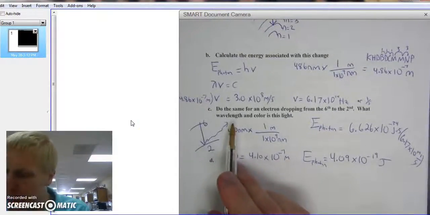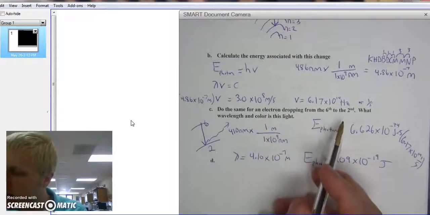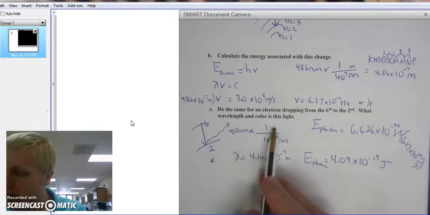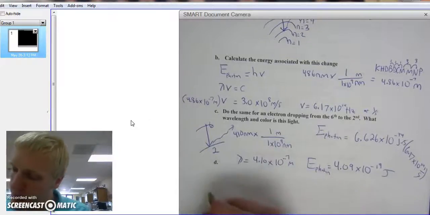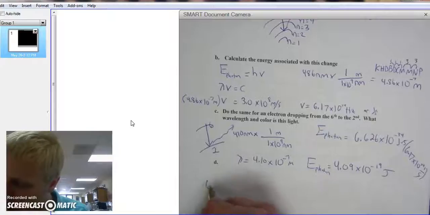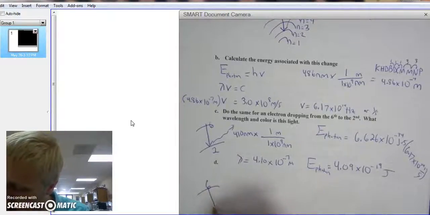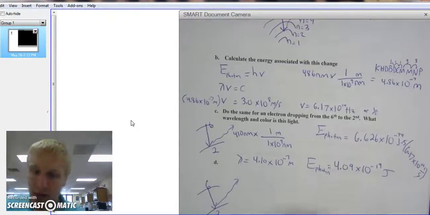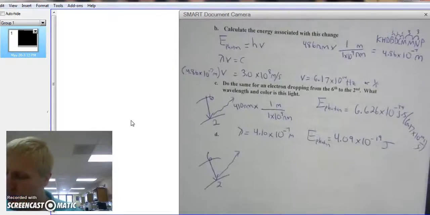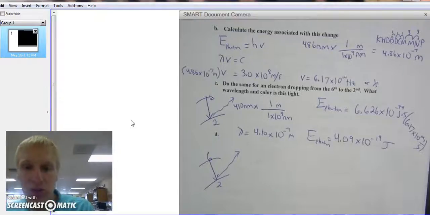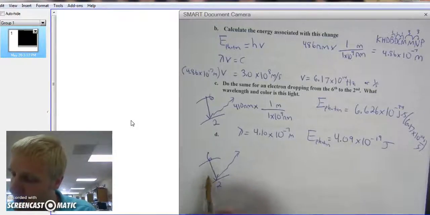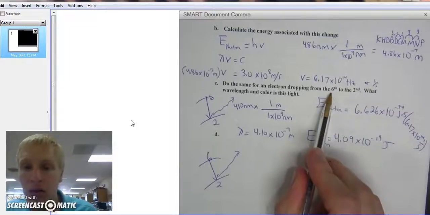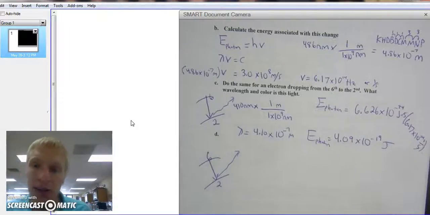Alright, this next question: do the same for an electron dropping from the 6th to the 2nd. What wavelength and color is this light? So in this case we're going from the 6th energy level all the way to the 2nd, and it's emitting energy in the form of light. With the information given, we can use an equation that will allow us to find the energy when we just have the upper energy level and the second energy level of this jump.